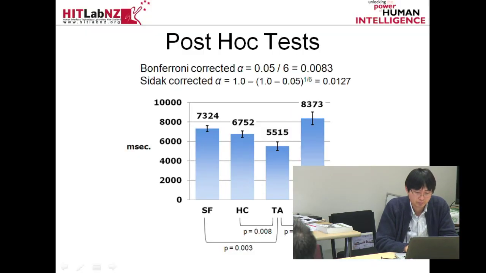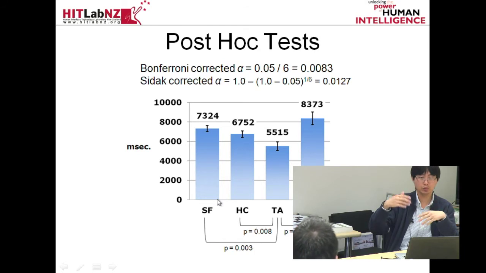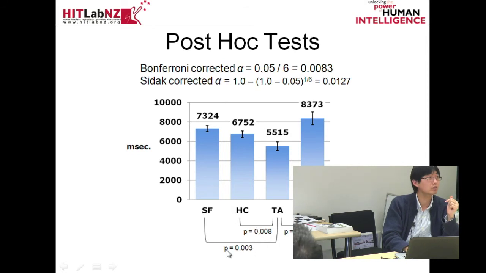So anyway, when you do the pairwise comparison, the statistics tool will print out all the p-values for the pairwise comparisons. In this graph, it's only showing the significant results, which are less than 0.0083, which is this one and this one.